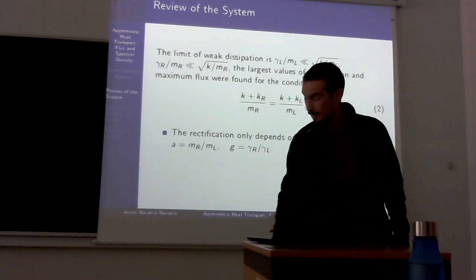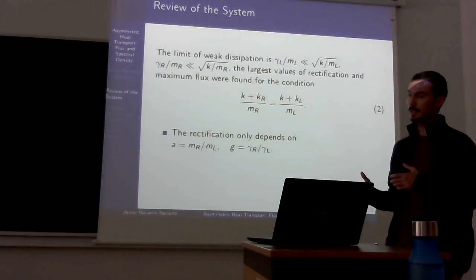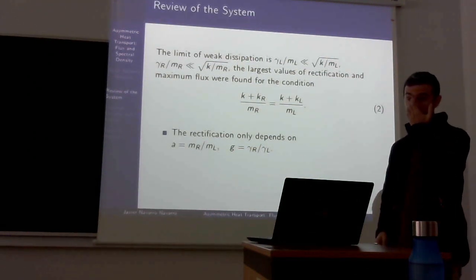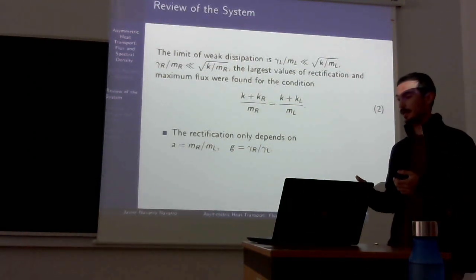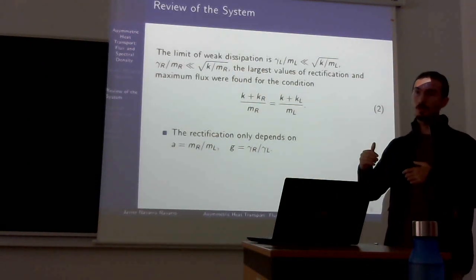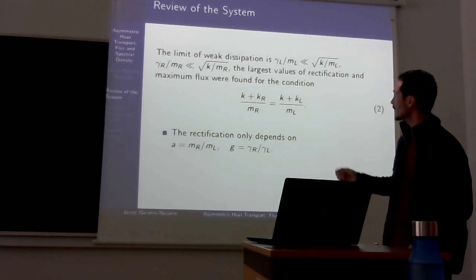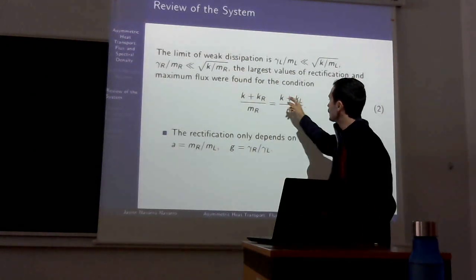In fact, in the weak dissipation regime, given by these conditions, where our two ions are not very coupled to the baths, this straight line is given by this condition.